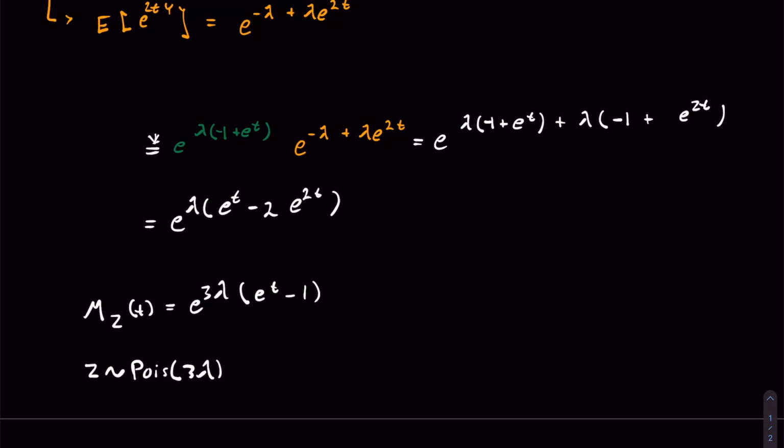And comparing these two, we see that W is not, in fact, Poisson 3 lambda.